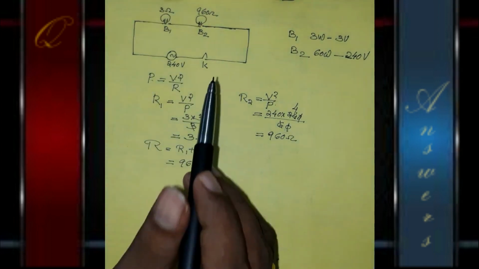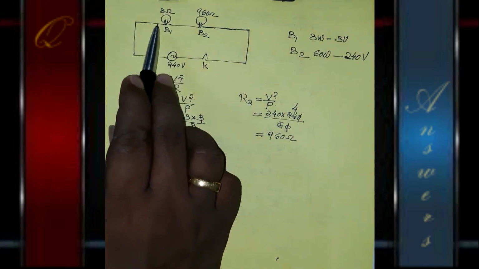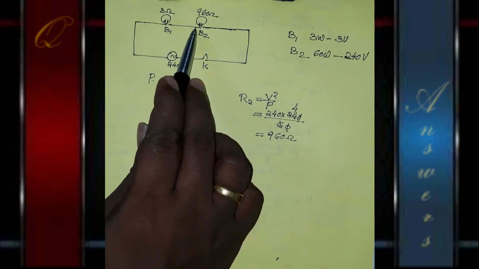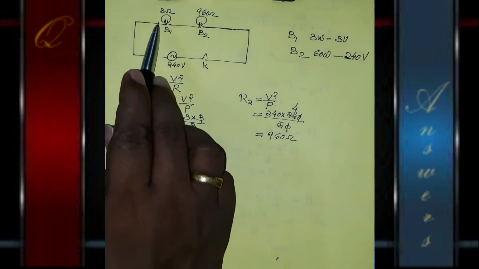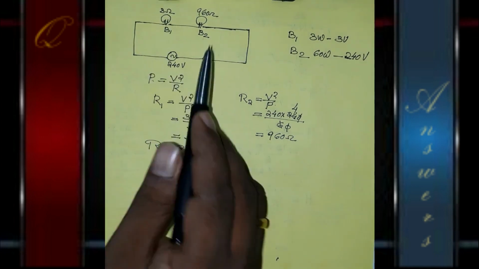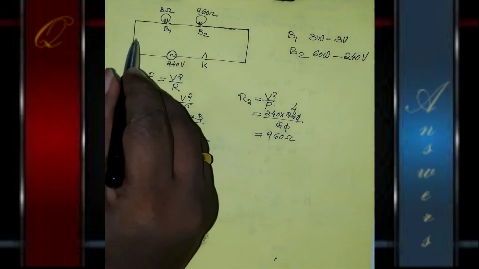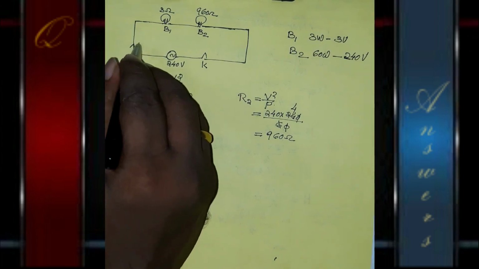For that, you have to find out the voltage across this bulb B1 or the voltage across this bulb B2. So how can you find the voltage across this bulb B1? You may calculate the current here. What is the main current passing through here?